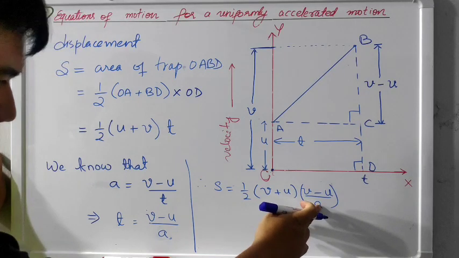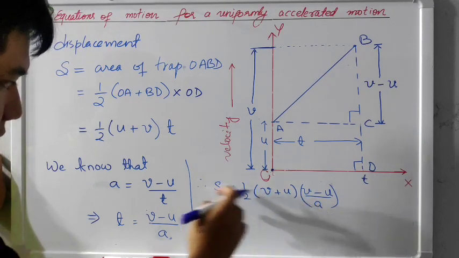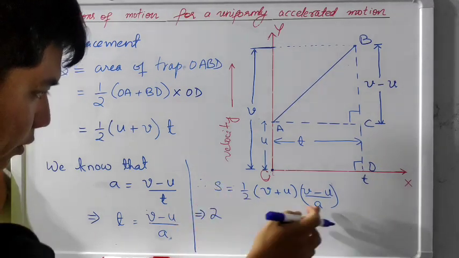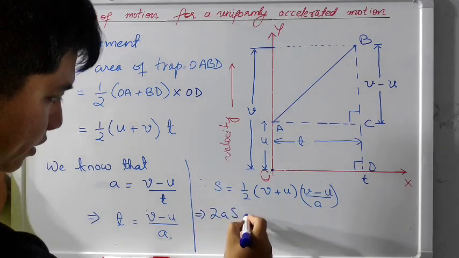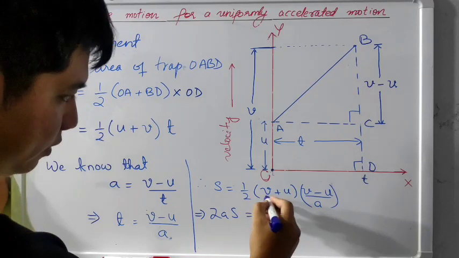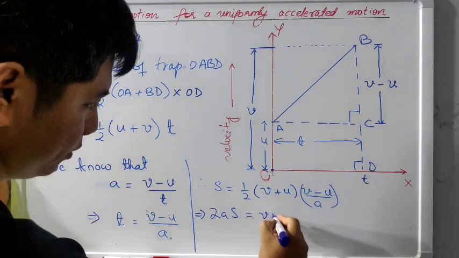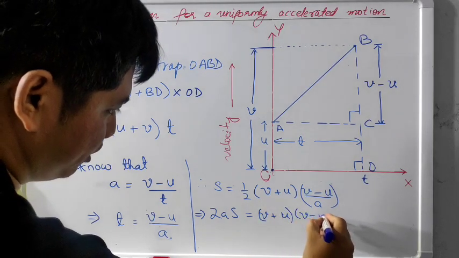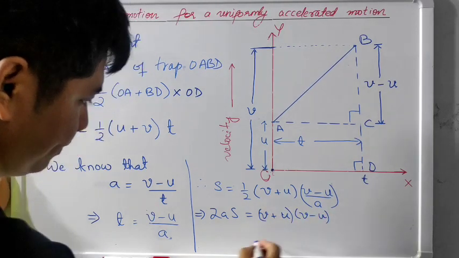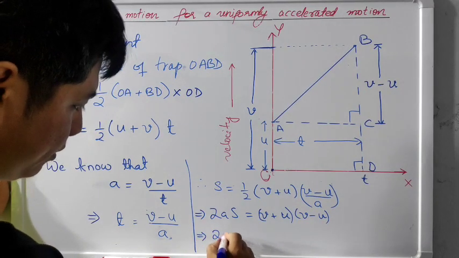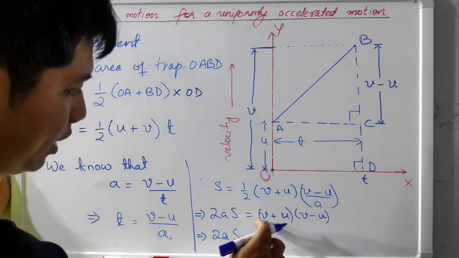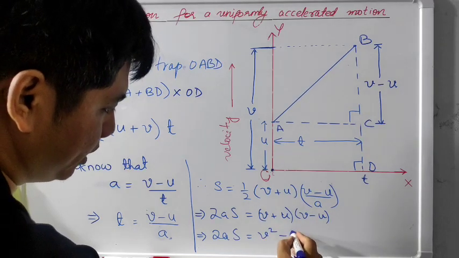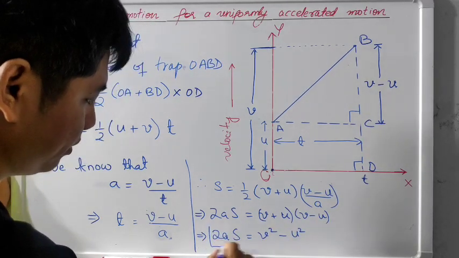Cross multiplying, 2as equals v plus u into v minus u. a plus b into a minus b is a square minus b square.